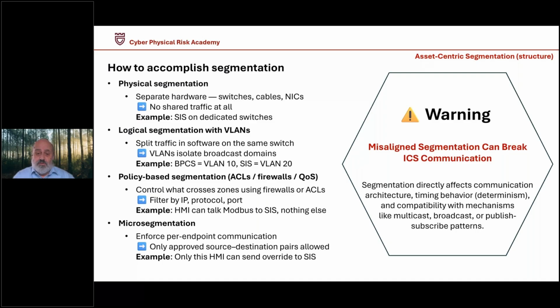So if you suddenly start creating segments with a VLAN, then your GOOSE protocol will be limited to that VLAN if you do that. So all kind of things you have to be careful with when you start making changes. In general, I would say when you make a change to a process control system, always discuss that with your vendor. Otherwise, you might run into big problems.